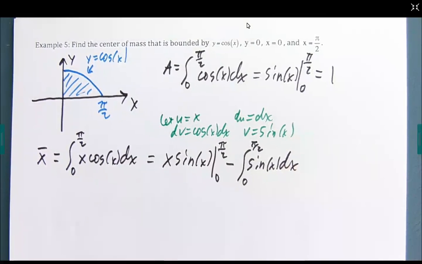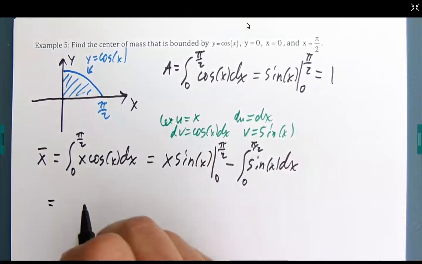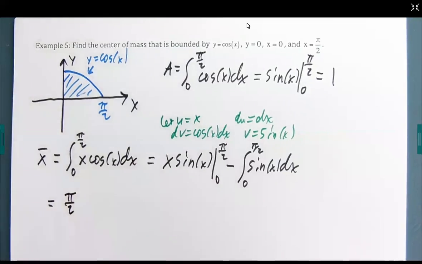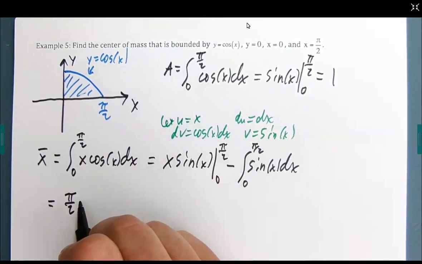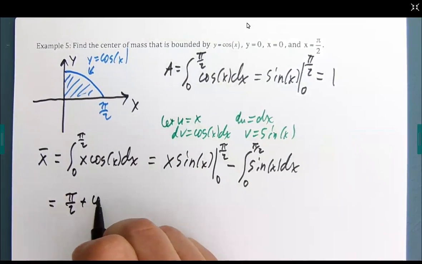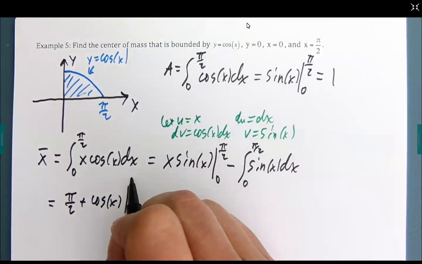All right, when I plug in 0 there, that's clearly 0. When I plug in pi over 2, sine of pi over 2 is 1, so we just end up with pi over 2. That becomes plus, because the integral of sine is negative cosine, cosine of x from 0 to pi over 2.